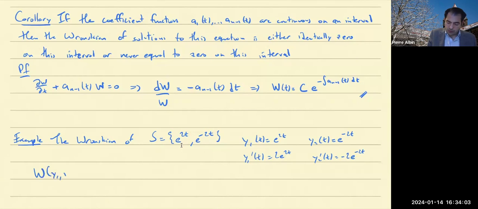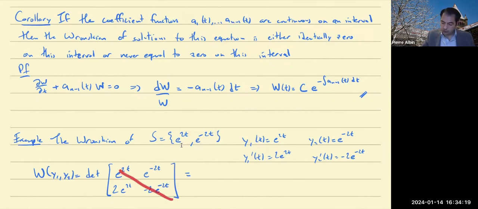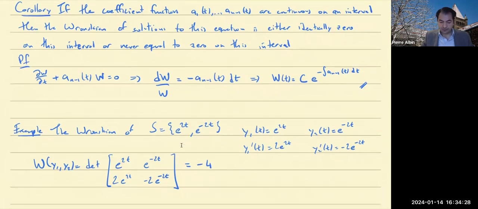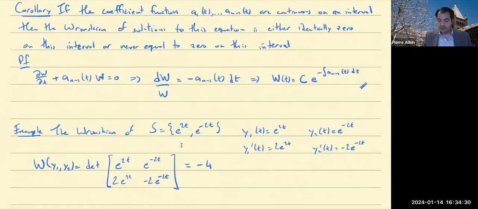So the Wronskian of y1, y2 would be the determinant of the matrix e to the 2t, 2 e to the 2t, e to the minus 2t, minus 2 e to the minus 2t. And so the determinant is just you multiply these two minus multiply these two, and so you get minus 4. So we see that it's not equal to 0, just as we expected.